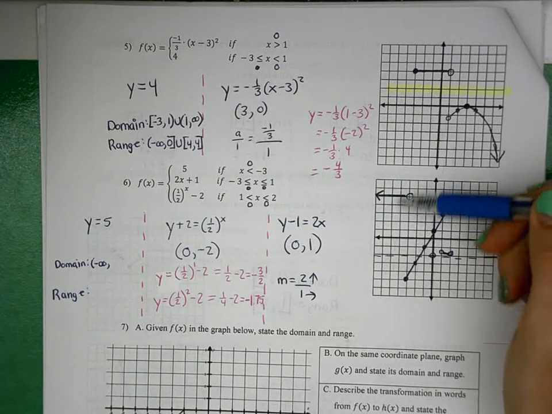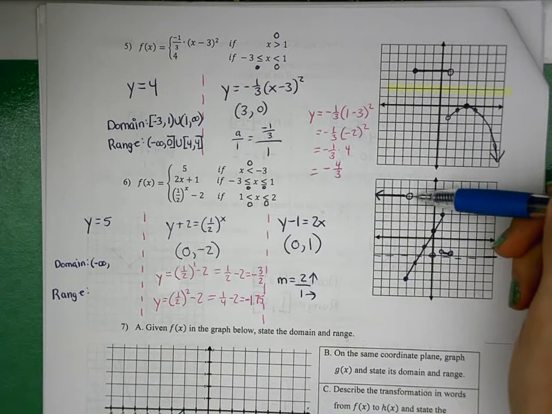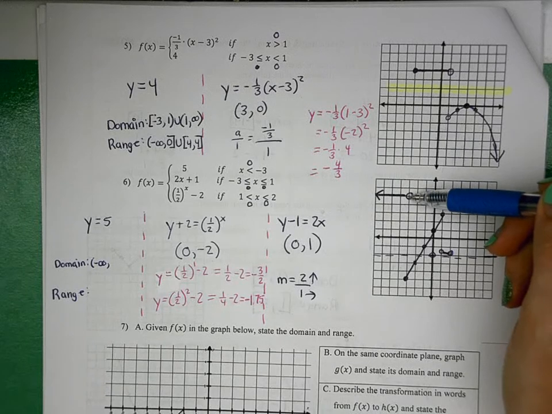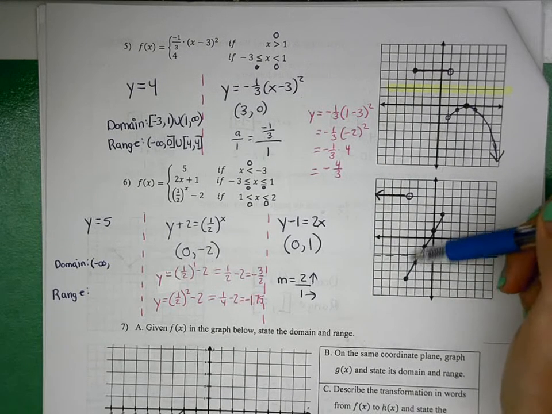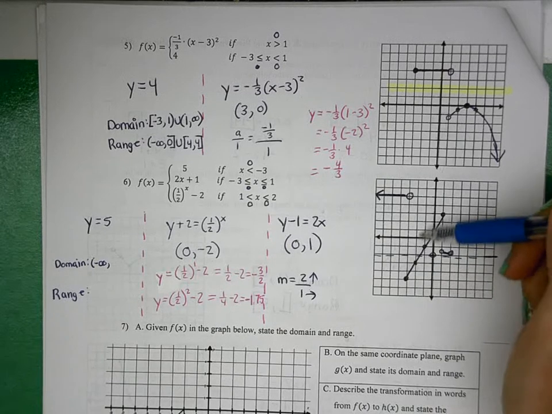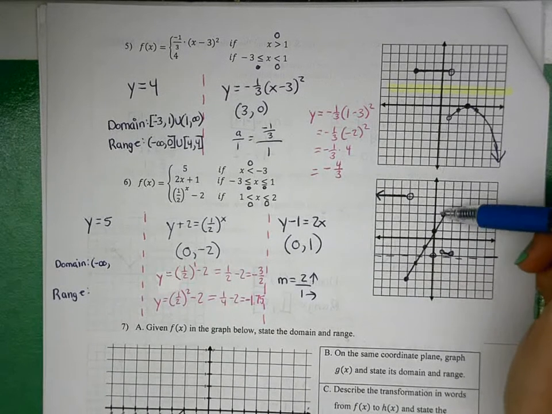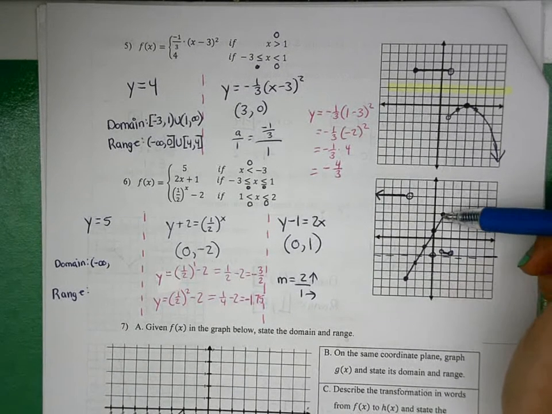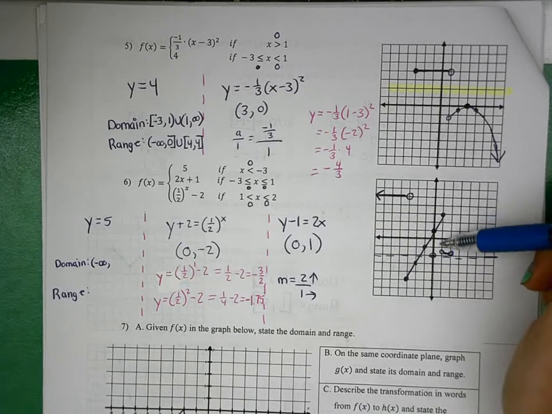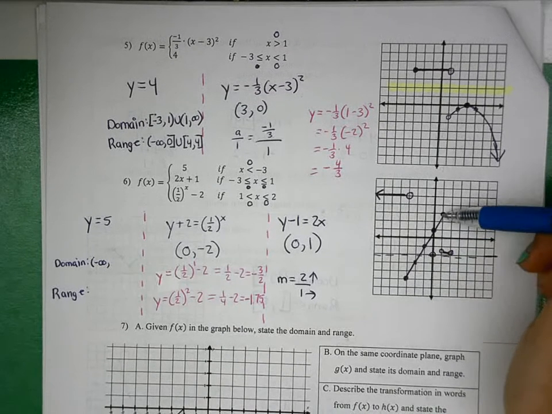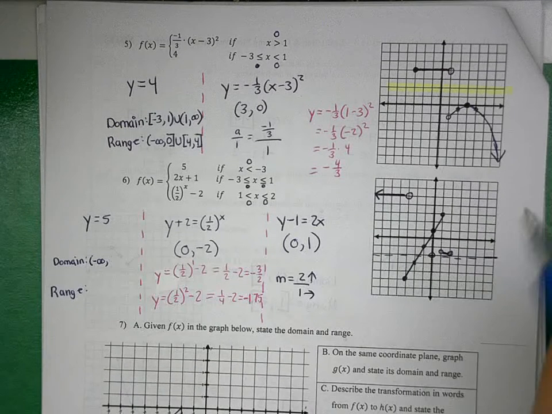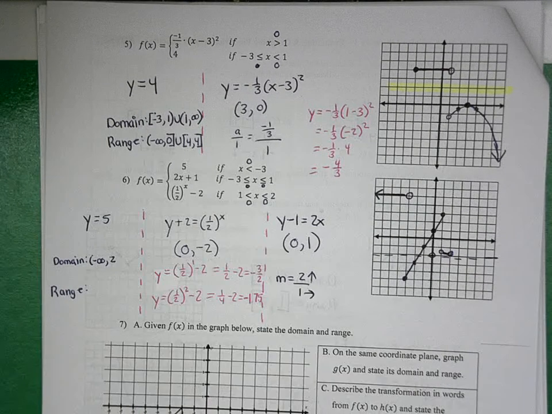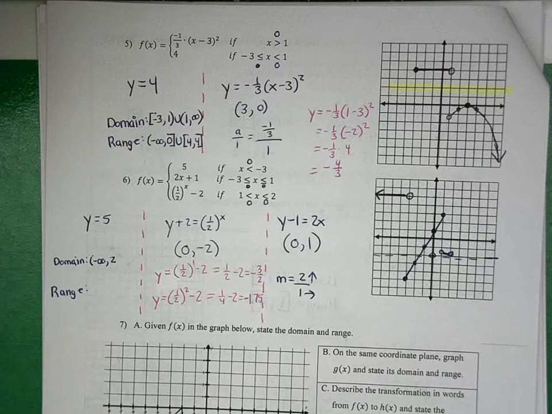Uh-oh, I've got a hole here at x equals negative 3, but I've got a point down here, and it keeps going, so I'm good to go. Still have x values, still have x values. Uh-oh, break in the graph, but it picked up again immediately right here, so I'm good to keep going, and my graph stopped at x equals 2. Excuse me. There is no point at x equals 2, so that is a parenthesis.